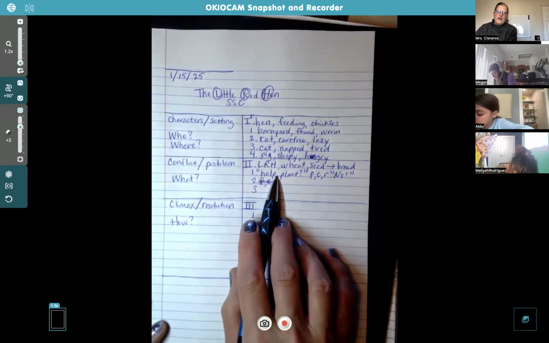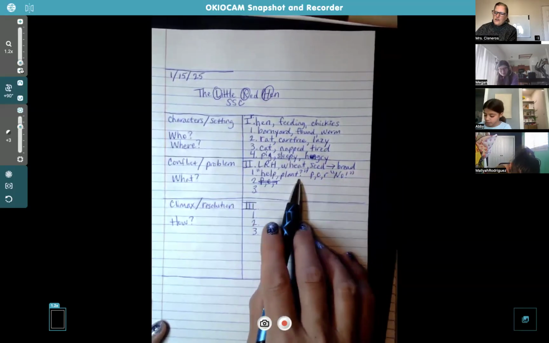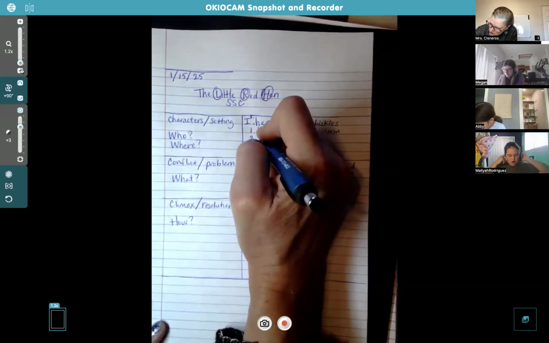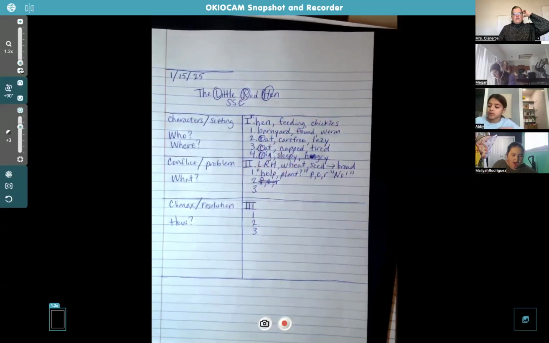So make sure you put that next to 1. Help plant, PCR, no. Let's circle them right here. There's an R, a C, and a pig. PCR is going to be the pig, the rat, and the cat. You guys understand that? Just for notes for yourself.